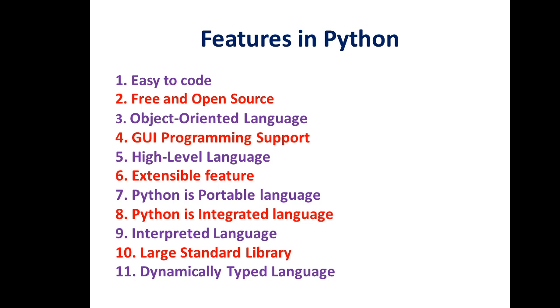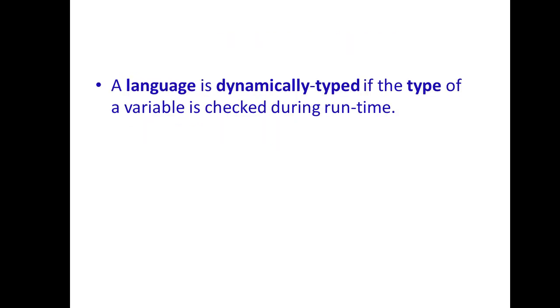Python is also called a dynamically typed language. A variable type is decided only at runtime. So in Python, when we declare a variable, we need not specify the type of the variable.